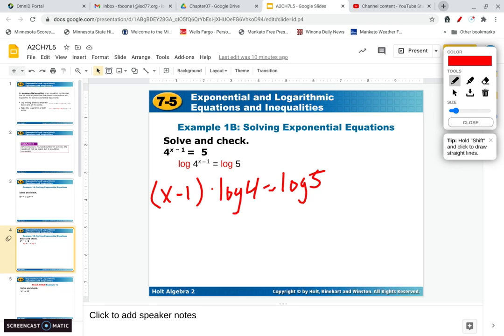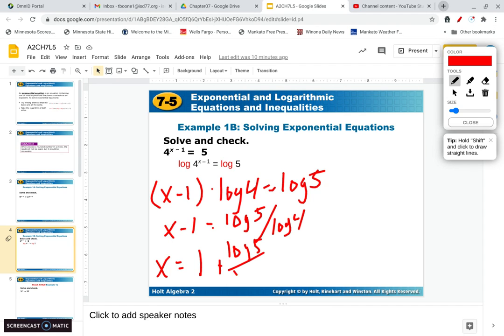Then we can divide by the log of 4. So x minus 1 is equal to the log of 5 divided by the log of 4. And then, of course, x would simply be 1 plus the log of 5 divided by the log of 4.